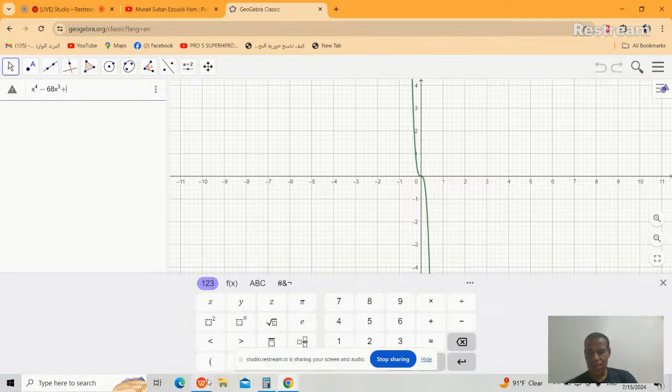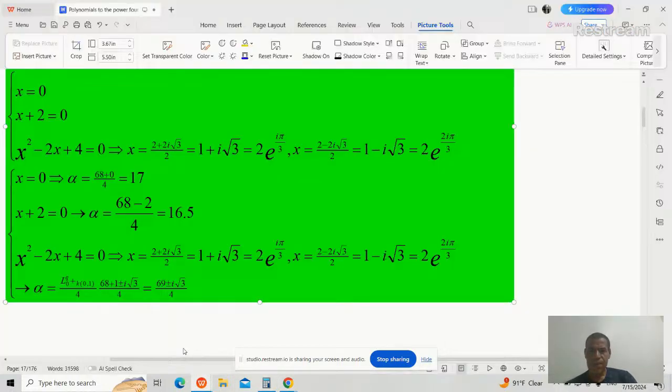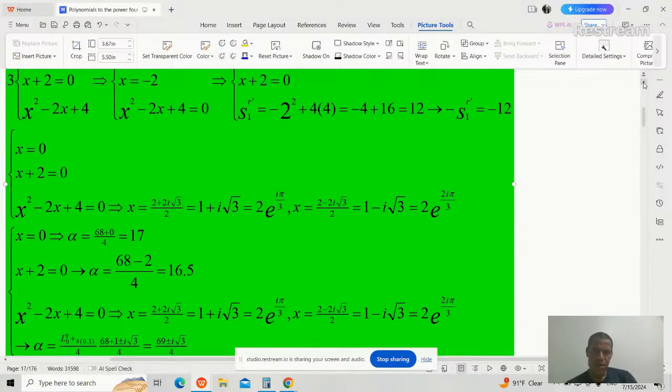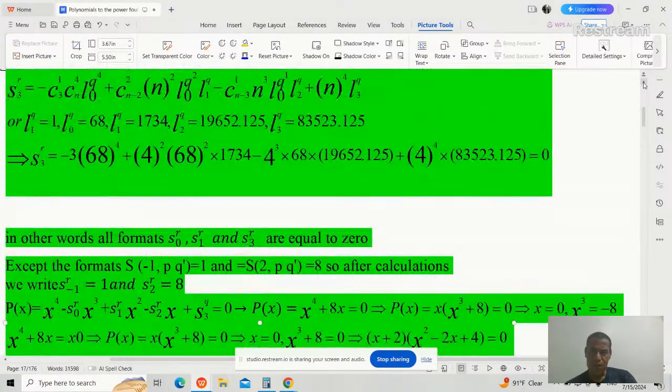I'll check here, if it is possible to see the coefficient of my new equation.